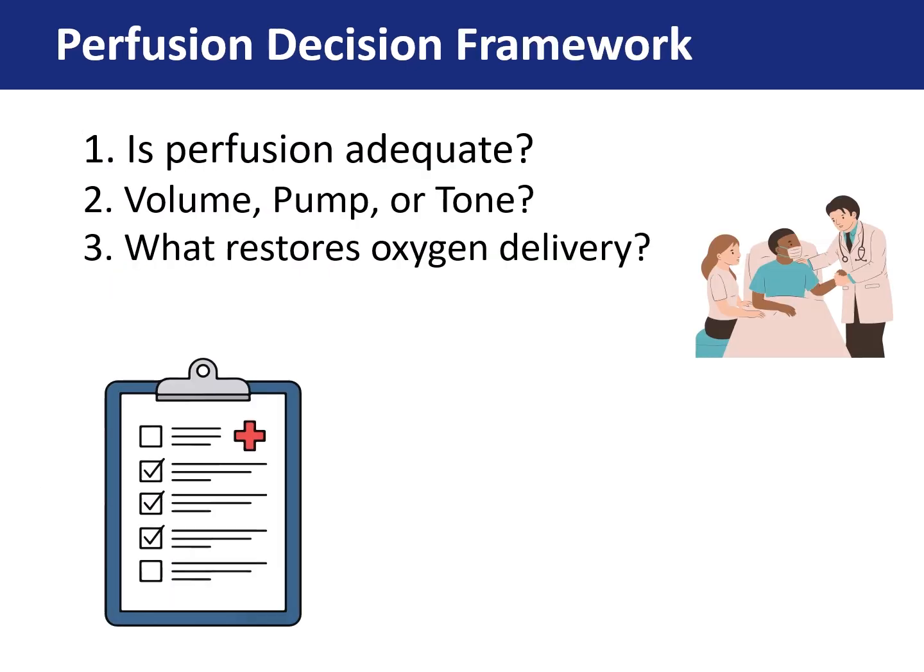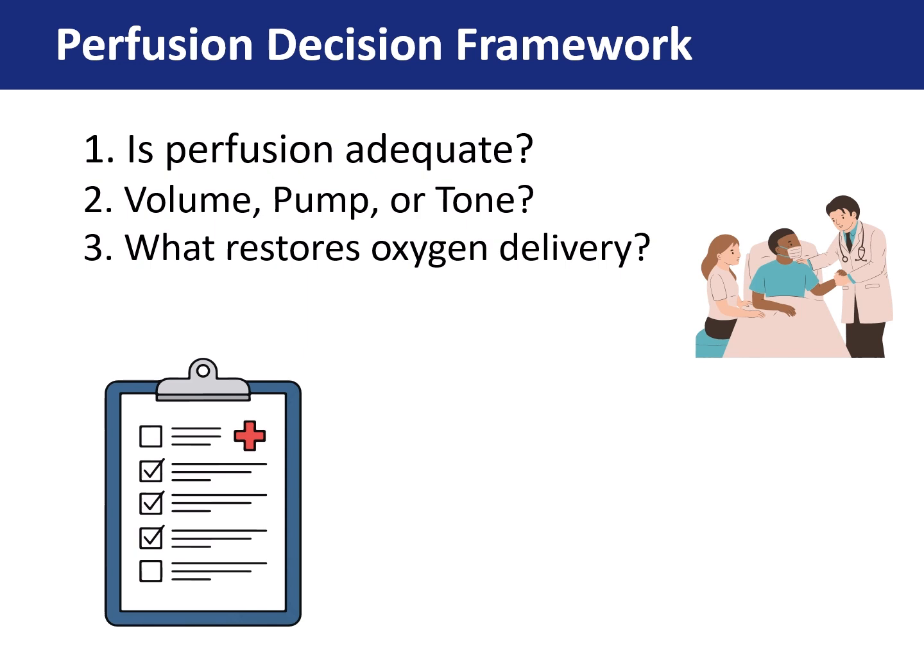And we talked about this perfusion decision framework before. When you see a question on the NCLEX, think to yourself, is this a perfusion question? So, okay, you see a low blood pressure, you see crackles or signs of poor perfusion. You're thinking, okay, is the perfusion adequate? Then you're like, what's causing the perfusion to be inadequate?